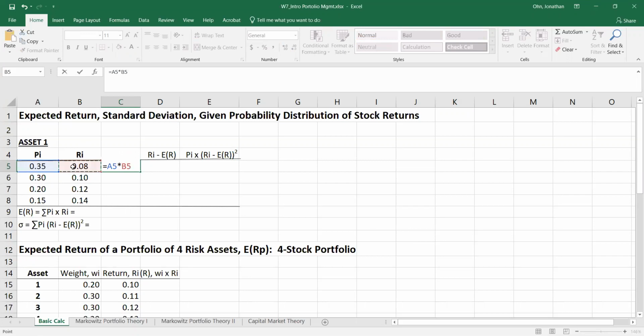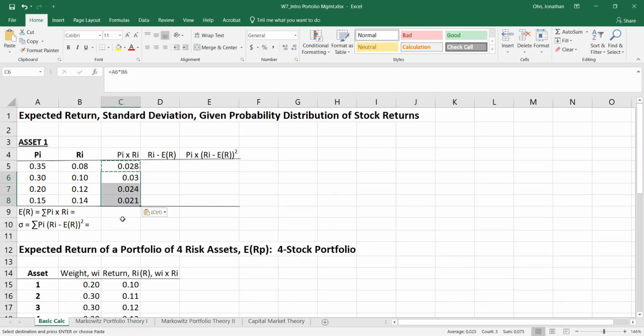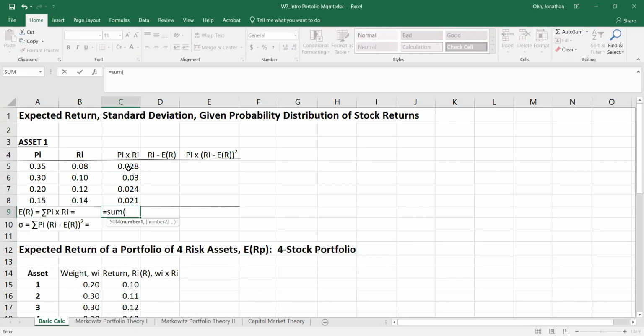If you calculate this and sum them up, we get 10.3%.